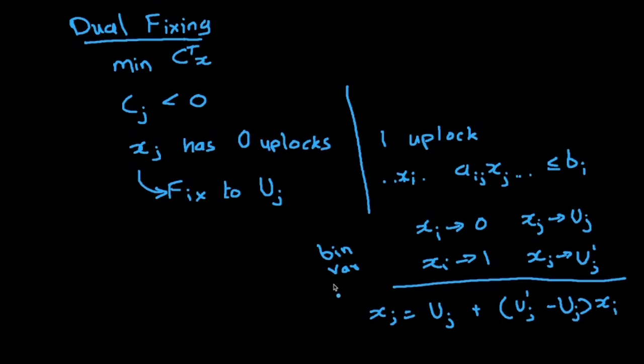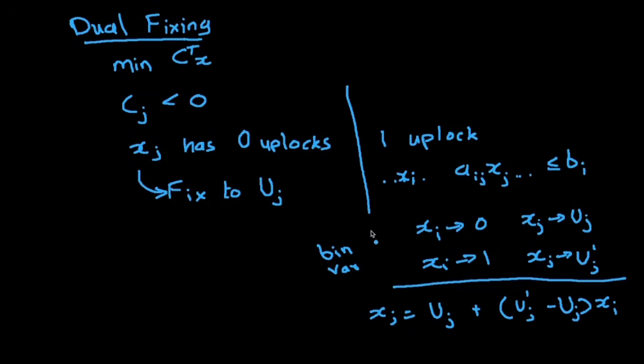So you see, it's a bit of a specific case, right? So we have one uplock and we are going through all the other variables to see if any of them are binary variables. If there is a binary variable, then we have to verify that when we set this binary variable to 0, then this entire constraint becomes redundant. But apparently it happens enough that the solver explicitly has this kind of presolve rule.